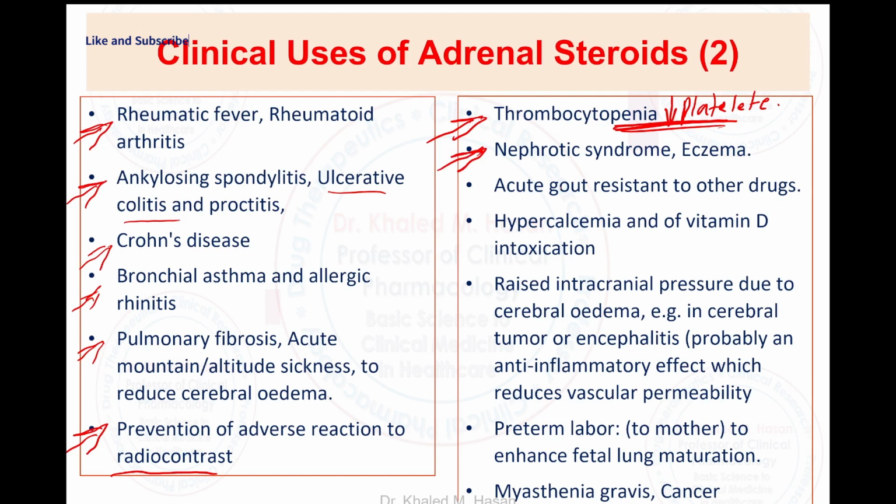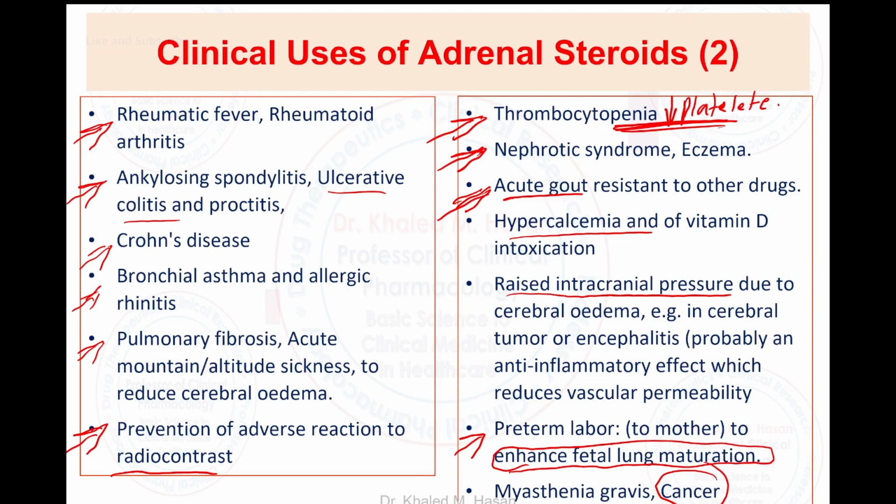Nephrotic syndrome, eczema, acute gout, we can prescribe it. Hypercalcemia, and patients with increased intracranial pressure. So we have a lot of clinical indications for cortisone. Preterm labor, because we already discussed that it enhances lung maturation in the baby during pregnancy. Myasthenia gravis, and we can use cortisone for cancer. All these present the wide range of clinical use of cortisone.